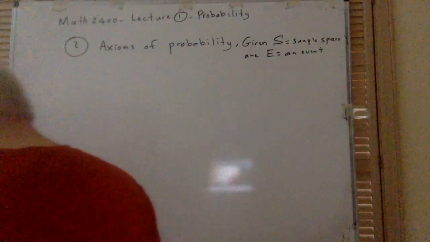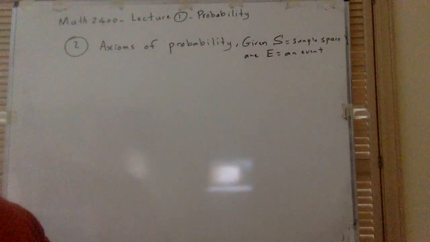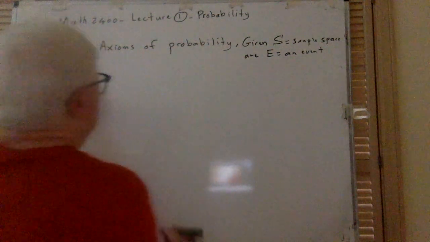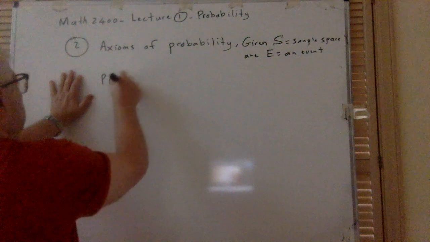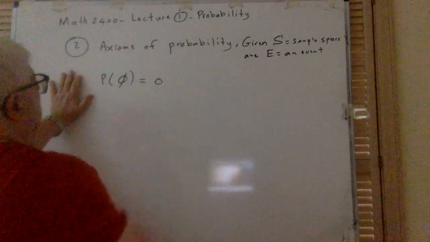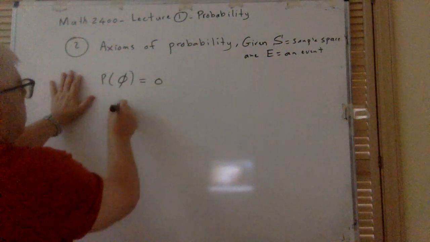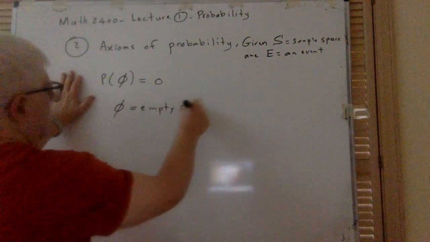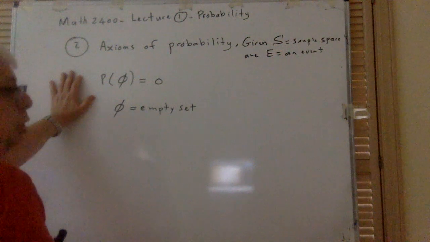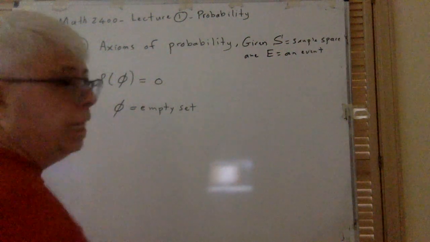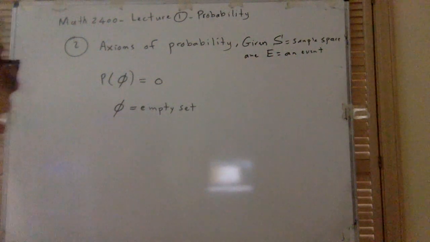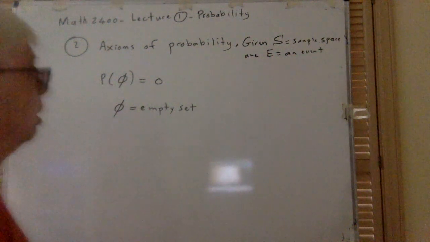Now, one thing which is important: remember I said that the empty set is a subset of any set. So the empty set is a subset of S. And what is the probability of the empty set? 0.